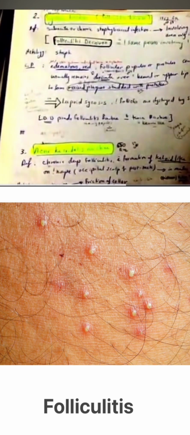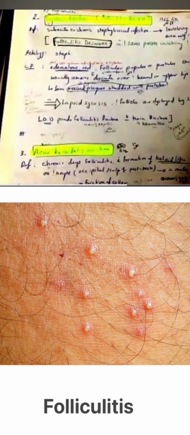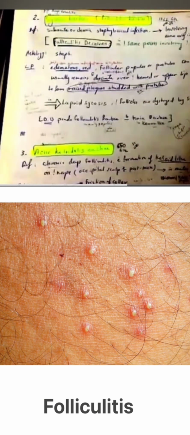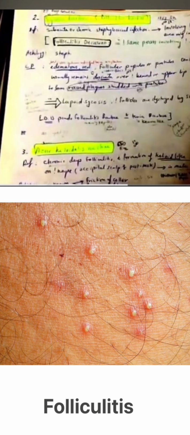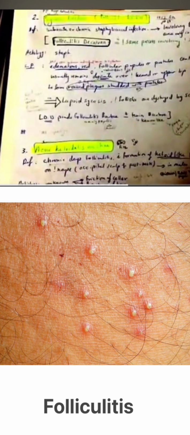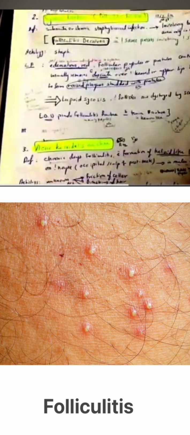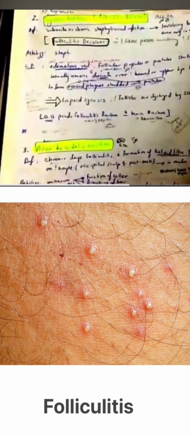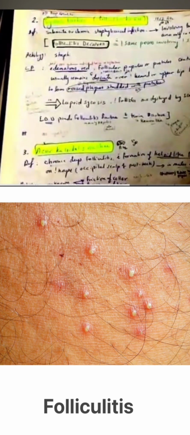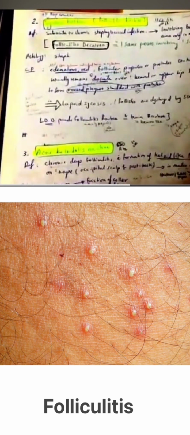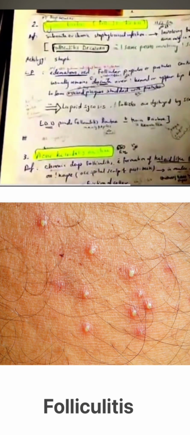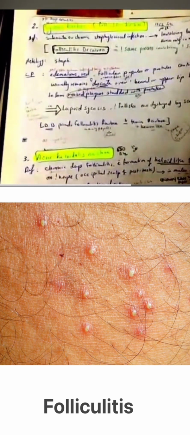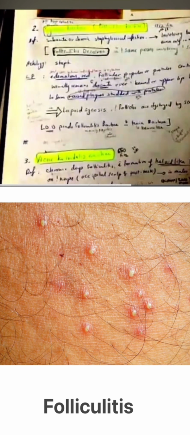So sycosis barbae is a chronic staphylococcal infection of the beard and mustache area. Treatment, of course, is systemic and topical antibiotics. Clinical picture: edematous red follicular papules and pustules centered on hair follicles, usually remaining discrete on the upper lip, cheek, and beard, and may coalesce to form raised plaques studded with pustules.